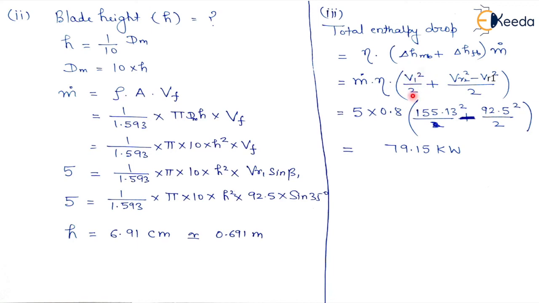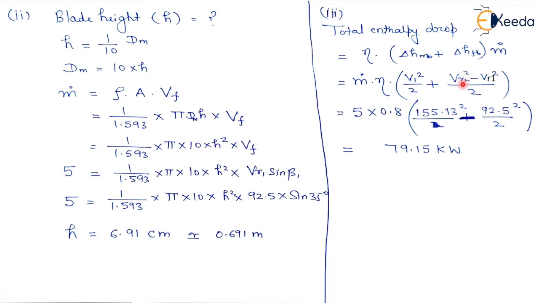This is the change in enthalpy in a fixed blade, and this one is the change in enthalpy in a moving blade. Okay, I have written opposite, but you have to see this is for moving blade, this one is for fixed blade. So VR2 square minus VR1 square by 2.